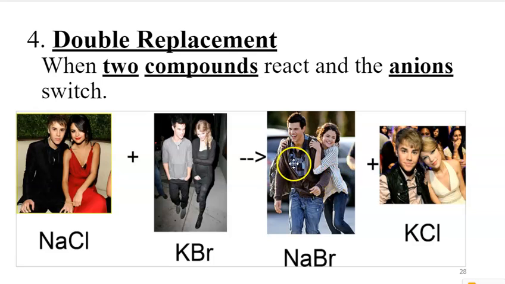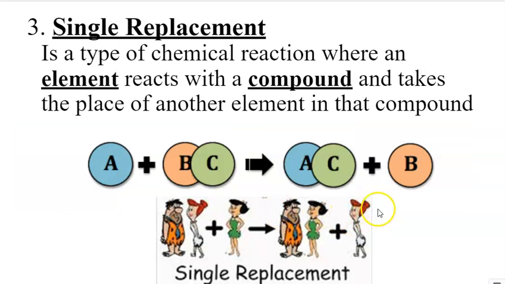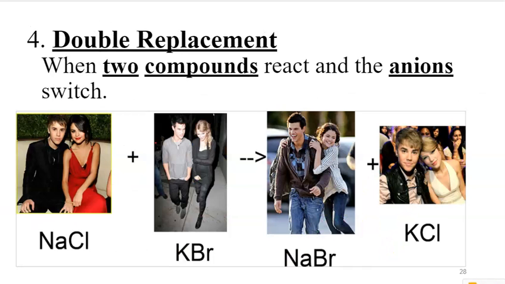So instead of Justin being with Selena, now Selena is with Taylor, and Justin is with Taylor Swift. So they've switched places. That is a double replacement reaction. So this is different than a single replacement reaction because in a single replacement, somebody's always alone at the end. We see Wilma here is by herself. In a double replacement reaction, they both switch places and nobody is left alone.